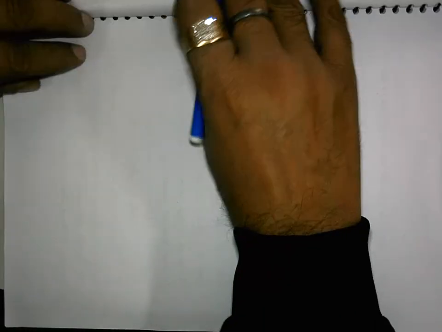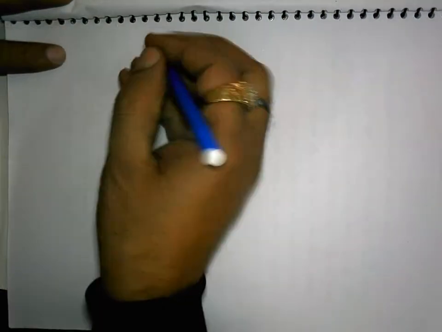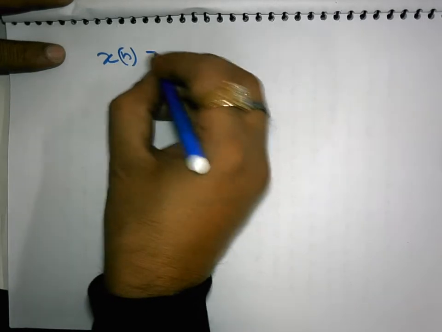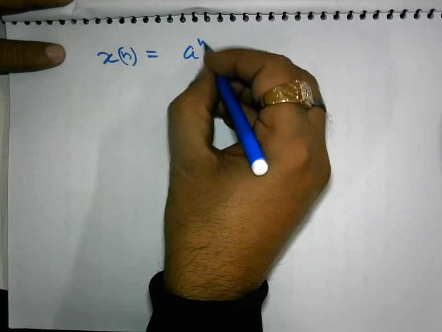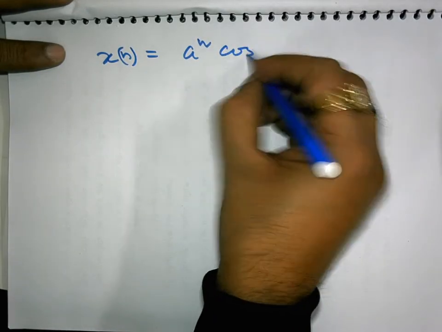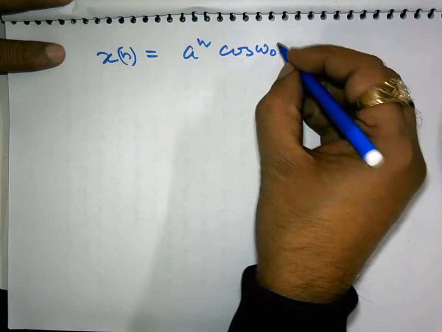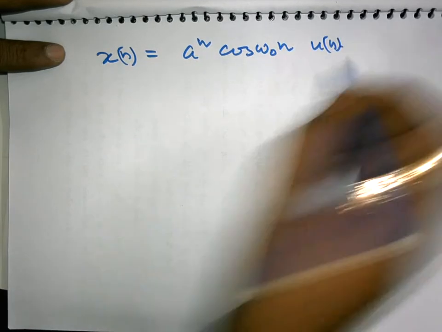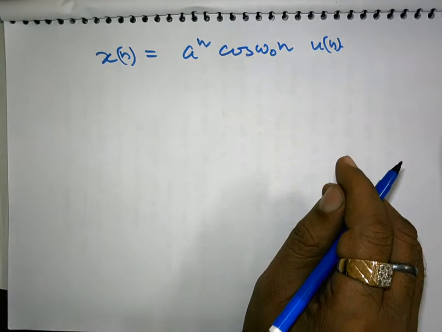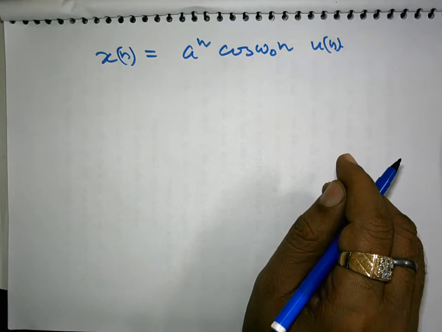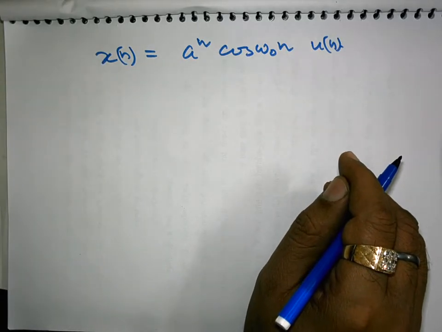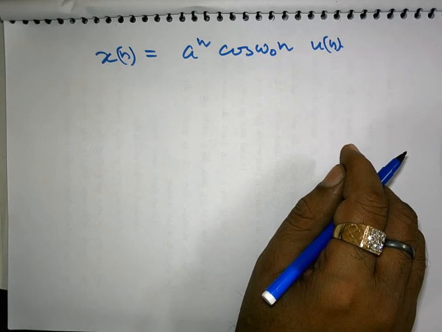Simply by using this property we can evaluate the z transform of signals. Suppose x(n) is the signal given to us, which is a to the power n cos omega 0 n u(n). Then the z transform of cos omega 0 n u(n) is known to us.